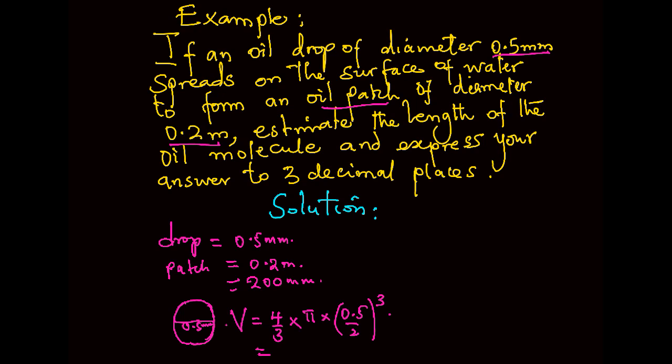So when we do such a calculation, we have 4/3 multiplied by 3.142 multiplied by 0.25 cubed.